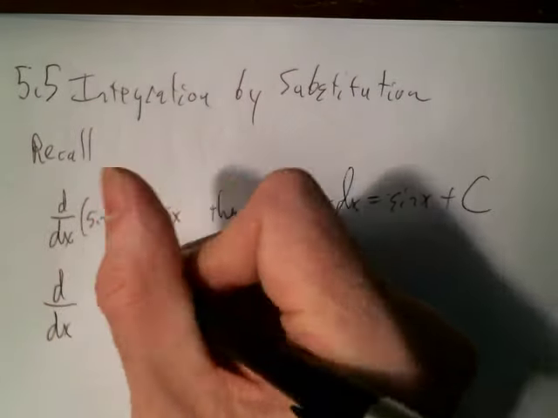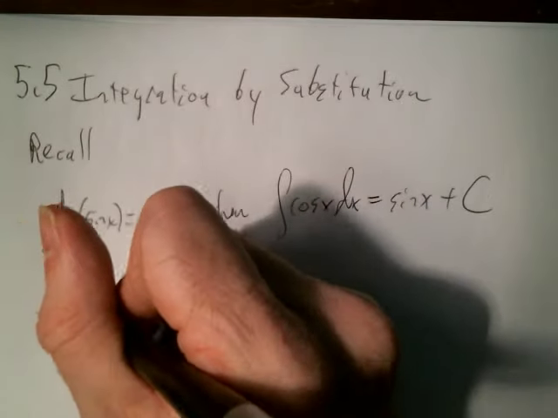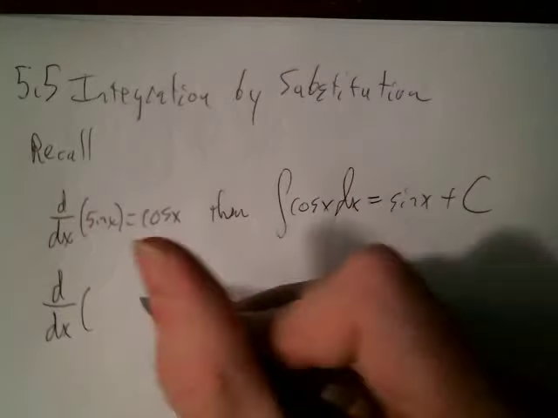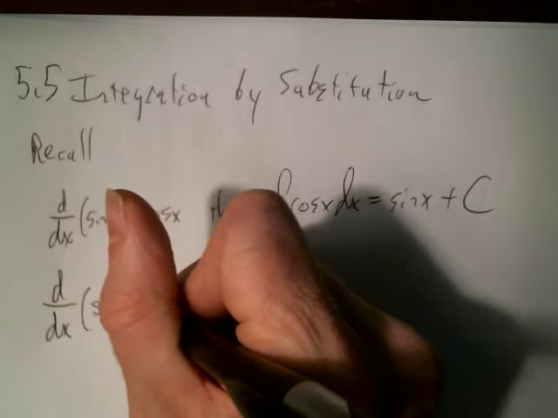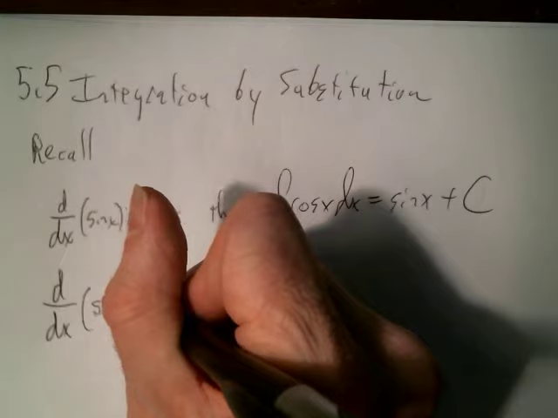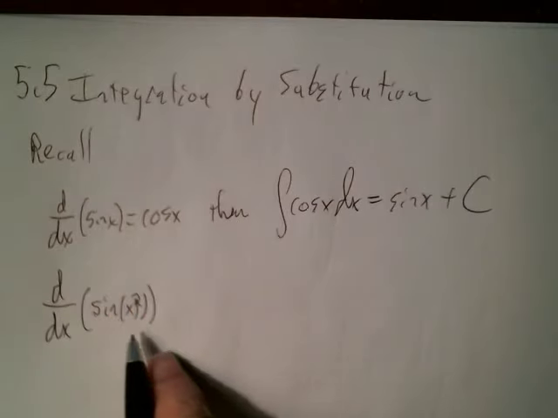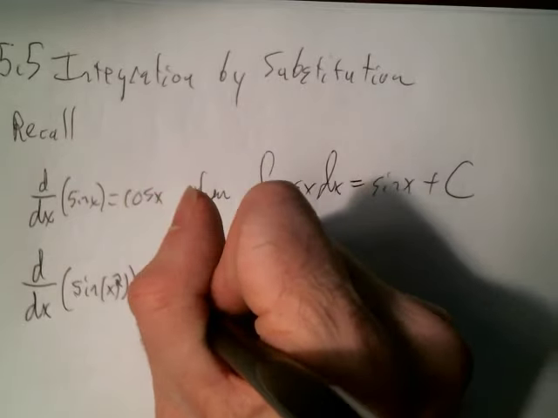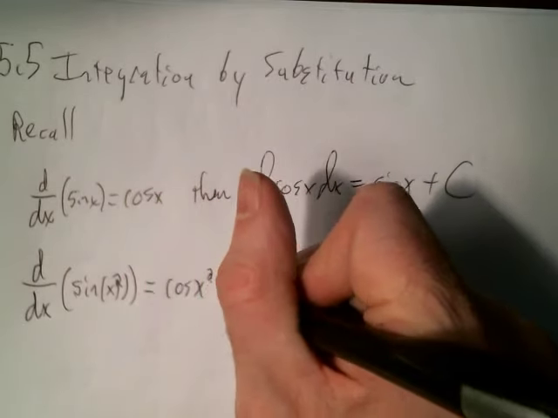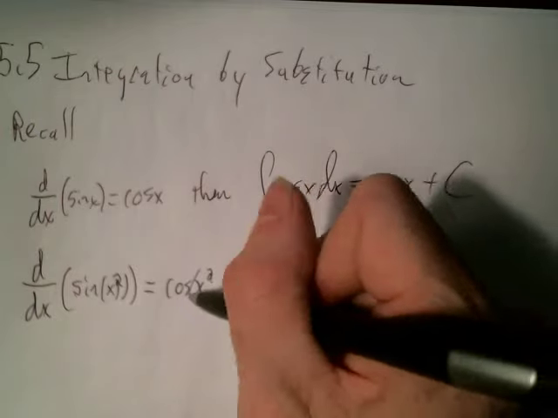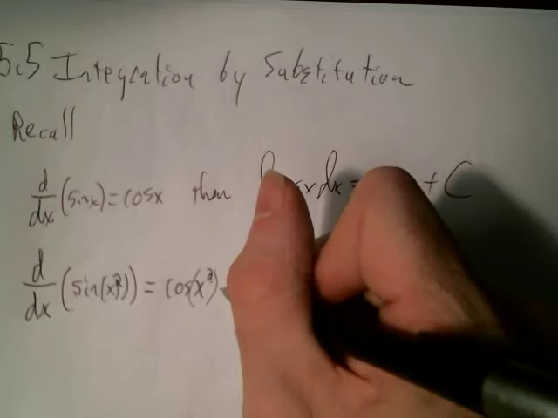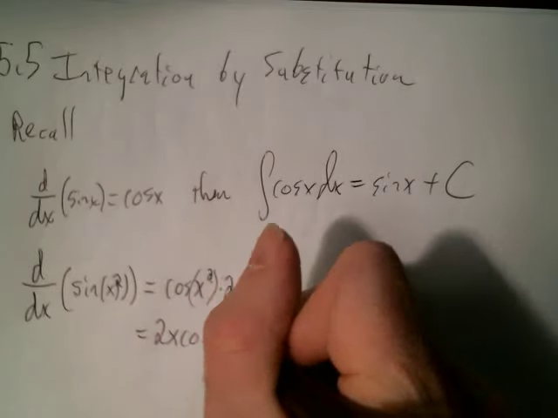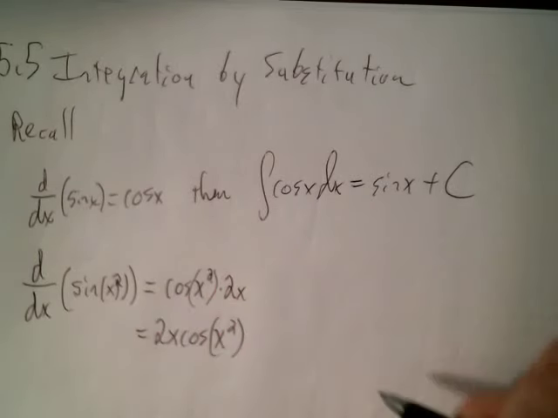So for instance, the derivative of something like sine of x squared. Okay, so we have a composite in here. That's equal to cosine of x squared, and then you have to multiply by the derivative of the x squared. It's the chain rule, right? So it's times 2x. In other words, this is equal to 2x cosine of x squared.